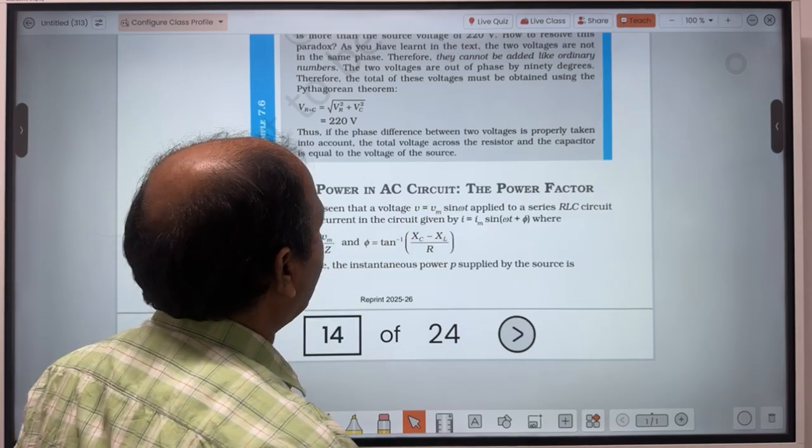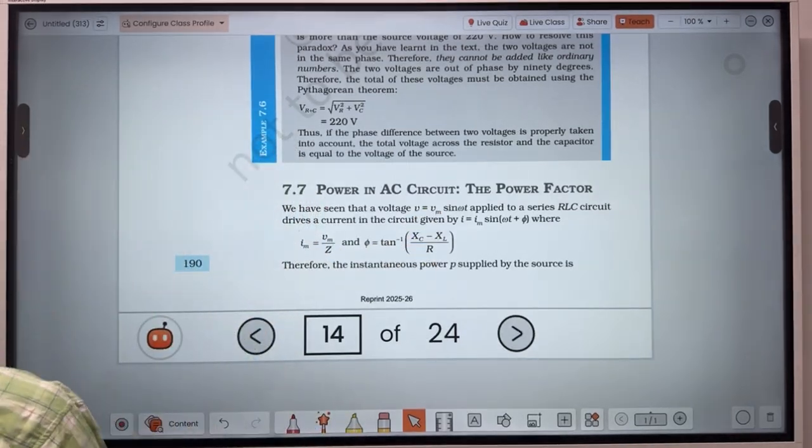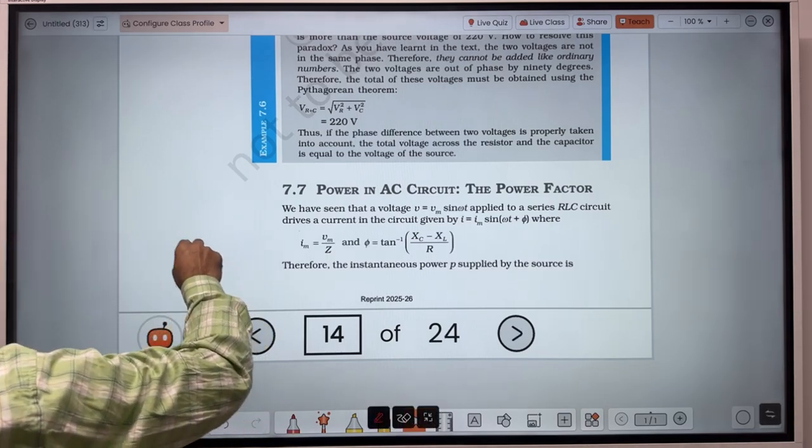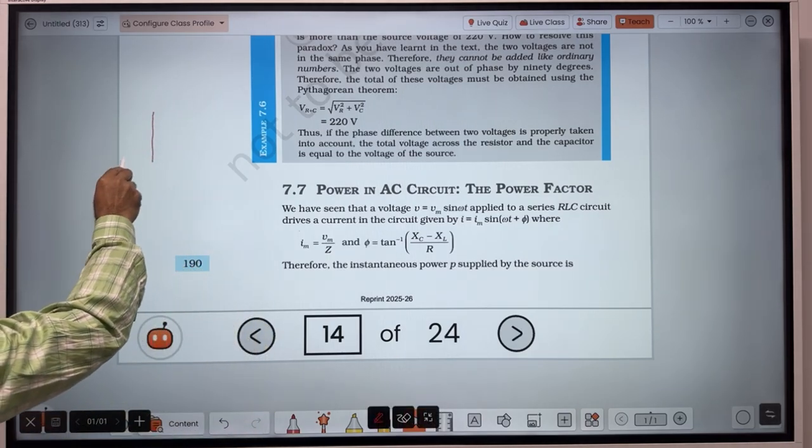Power in AC circuit, the power factor. As we have seen here, as I told you, we can find tan phi.